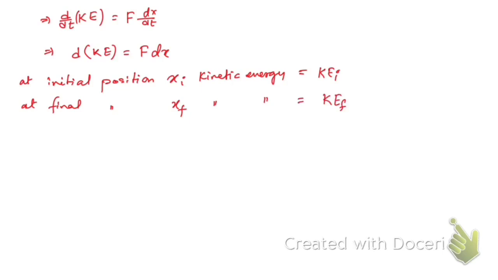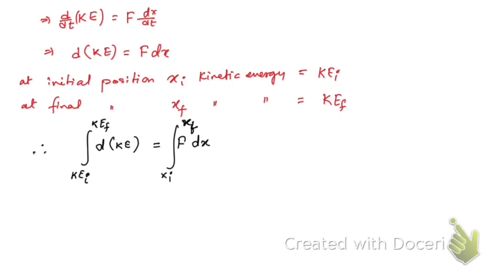So then if we integrate both sides, integrating the KE from initial kinetic energy KEI to final kinetic energy KEF is equal to the integration of F dx from initial position xi to final position xf.